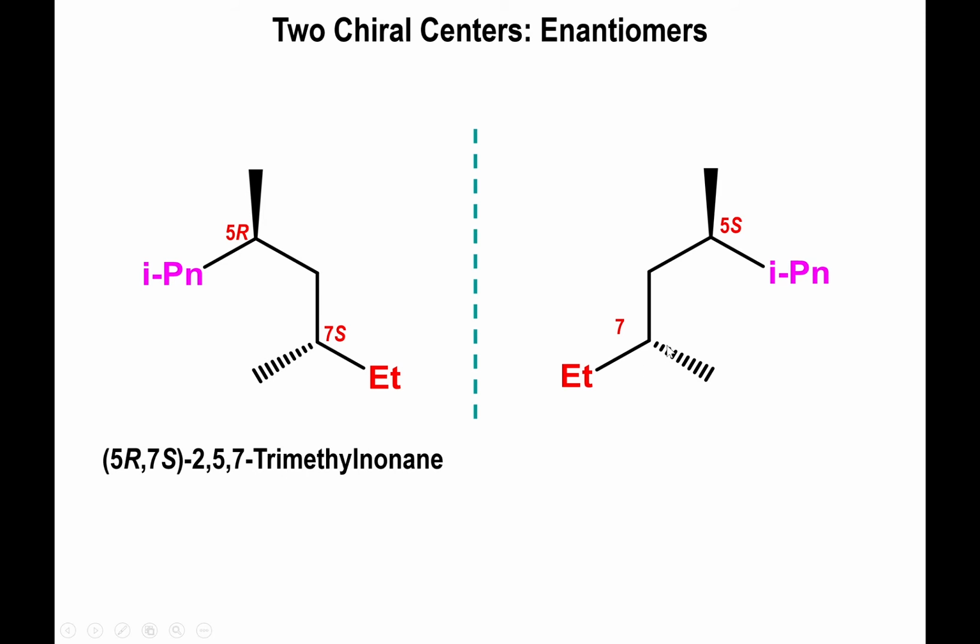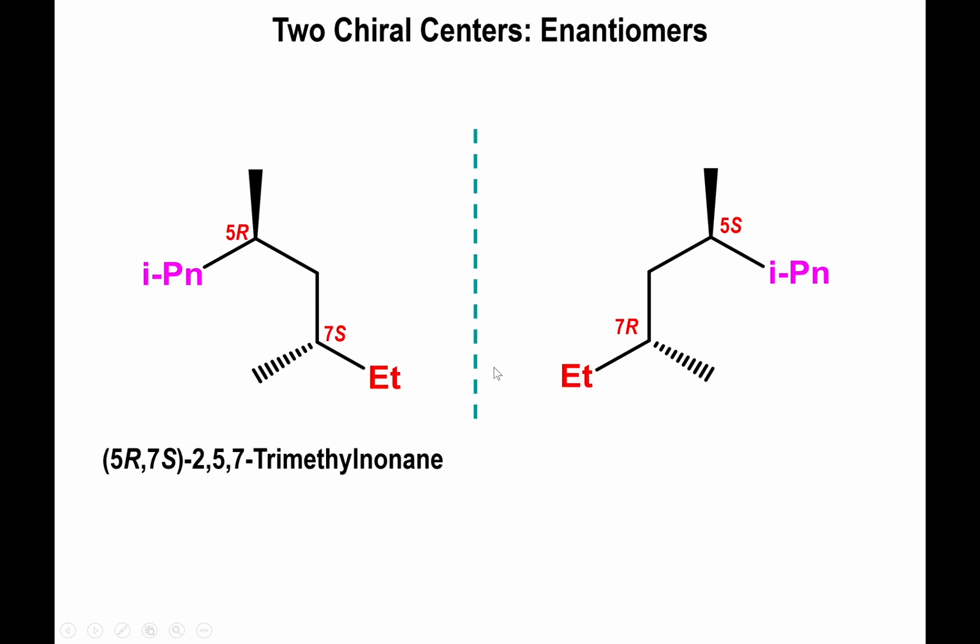If you do the analysis of what's happening at the configuration here, you're going to find out that the configuration is S, and the configuration over here, you'll find out it's R. And if you compare it to the original molecule, what ends up happening is that you actually change the configuration of every chiral center. And that's what it means to be an enantiomer in a molecule that has multiple chiral centers.